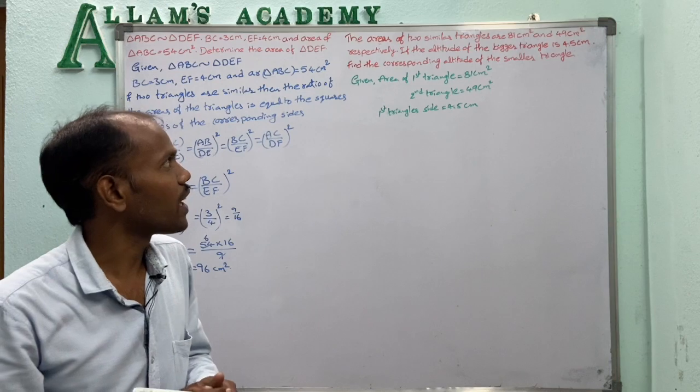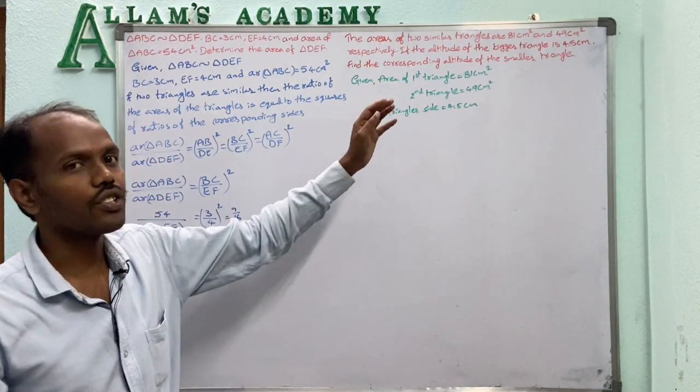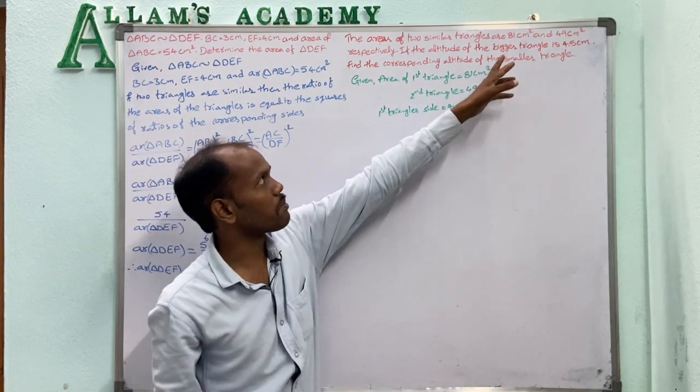Now we want to find the second triangle's side, that is altitude, and here that is the bigger one given.